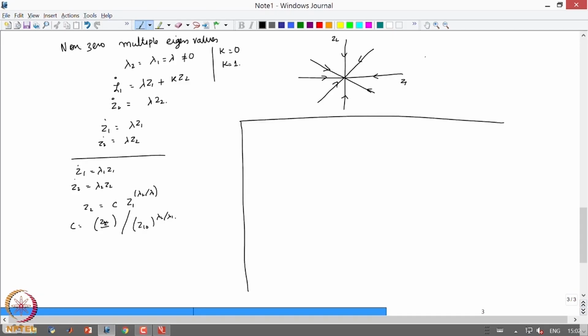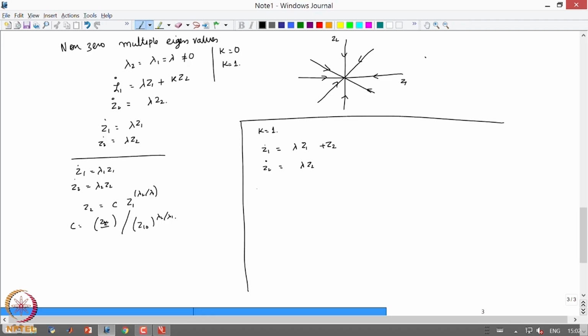Okay, so what is also interesting is the case when k equal to 1. This should be easy to plot and you can just check by yourself. So when k is equal to 1, then I have z1 dot is lambda times z1 plus z2, and z2 dot is lambda times z2.